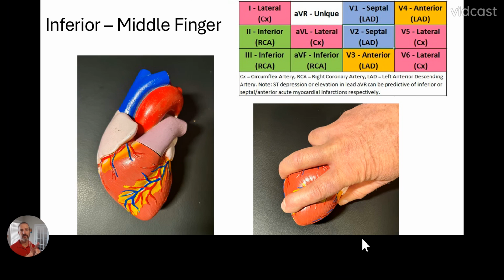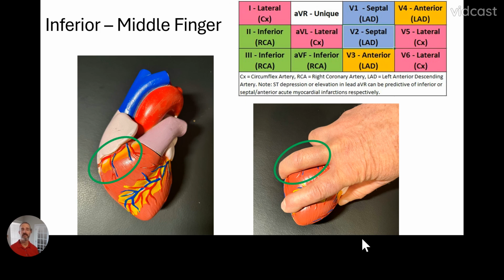The first two fingers and thumb are wrapped over the heart, and you're going to use this tool to identify the area of the heart that might be having the infarction and the associated artery that might be involved. All right, so this could be helpful with test questions or just for your general knowledge to help you understand what area of the heart is actually becoming necrotic due to a lack of blood flow.